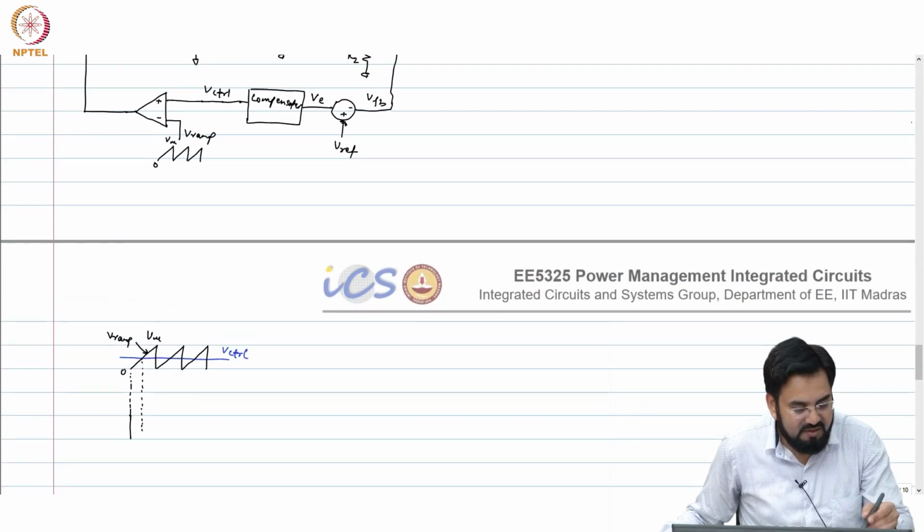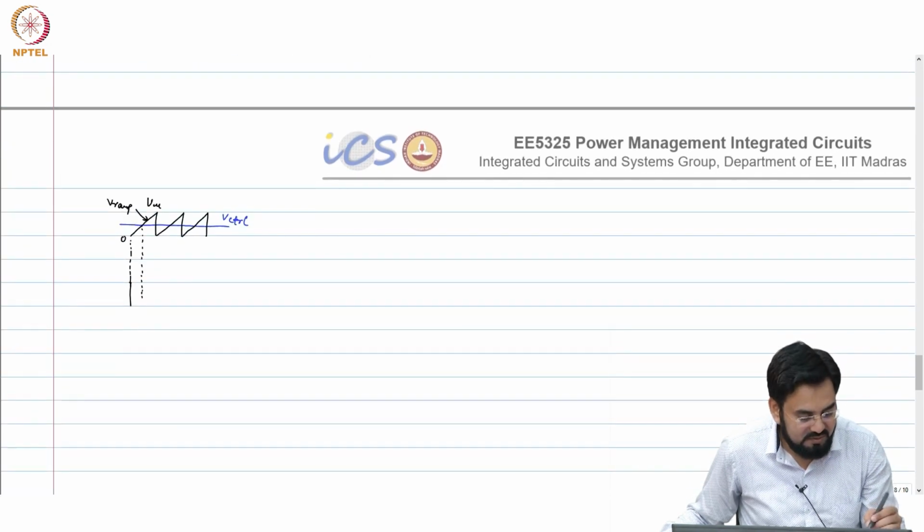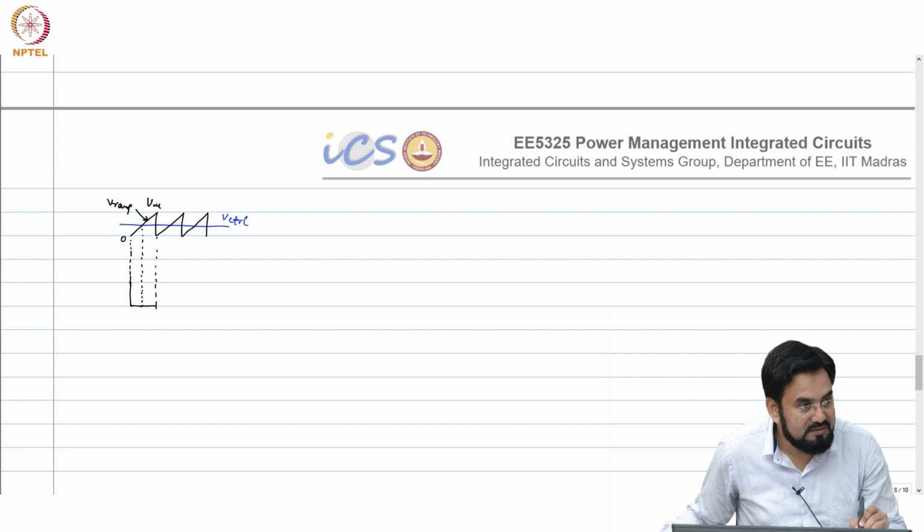The negative terminal of this comparator, this is nothing but a comparator, is getting higher than V control. So this will go to 0 and it will remain 0 until it again gets reset. Okay. Then again it will go high.